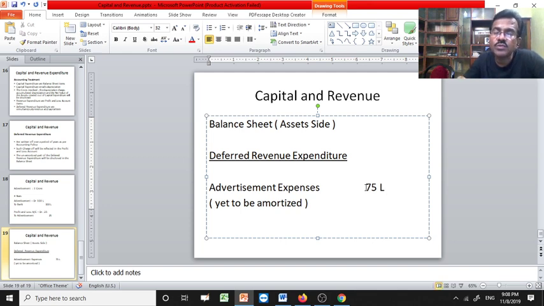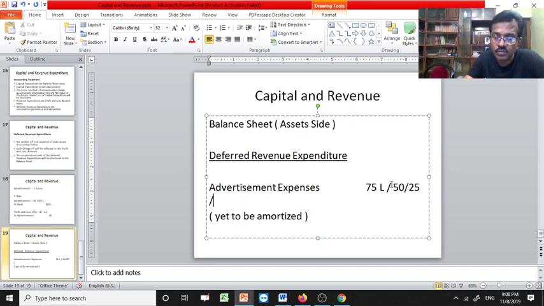Next year you are going to write off another 25, so your figure will become 50. Then the third year you are going to charge another 25, so it will become 25. And the last year when you charge off the whole thing, it will become 0. So this is how it will happen.